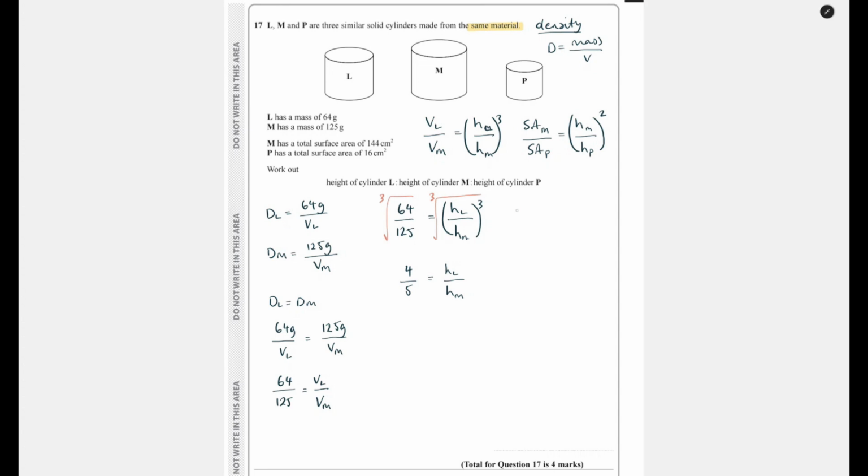And so M has a total surface area of 144, P has a total surface area of 16, and we say that the height of M to the height of P is all squared. Now, if we square root both sides, we get 12 over 4.